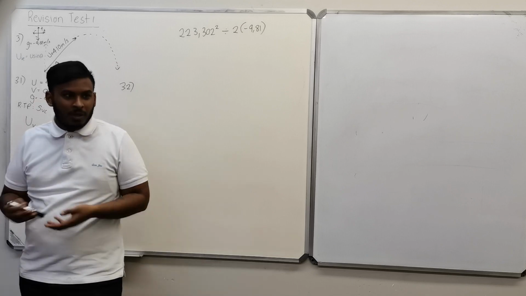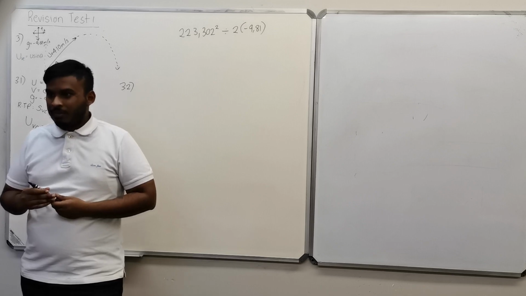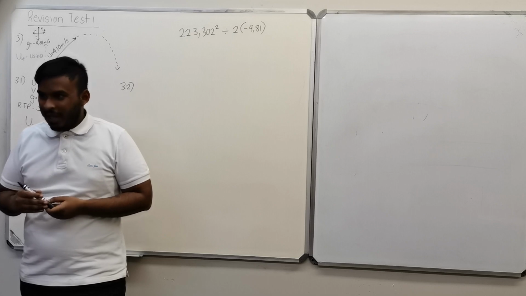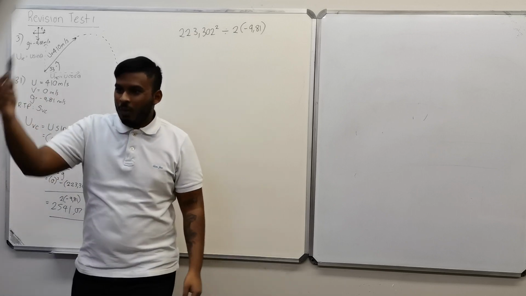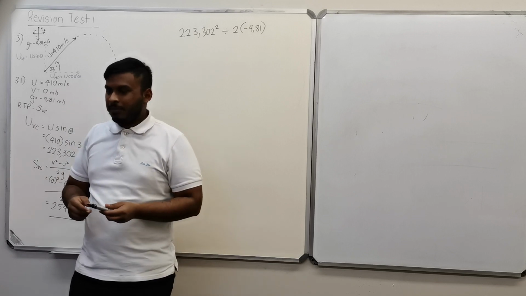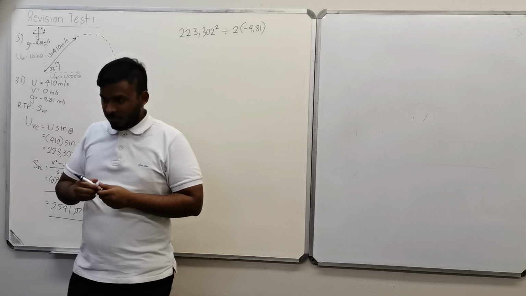You're working on the time it takes for the bullet to reach the maximum height. So we're working out the time taken for the bullet to reach maximum height, which is the same as the time it will take from maximum height to the ground. So the total time is twice the time it takes to reach maximum height.